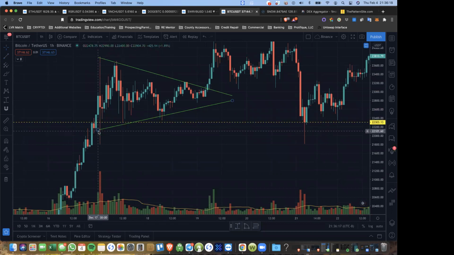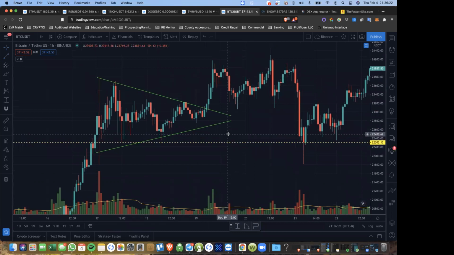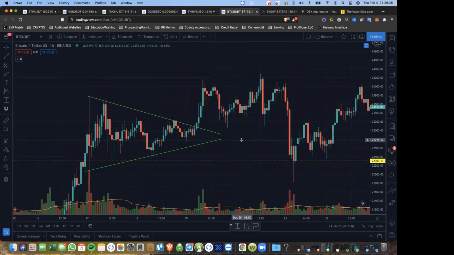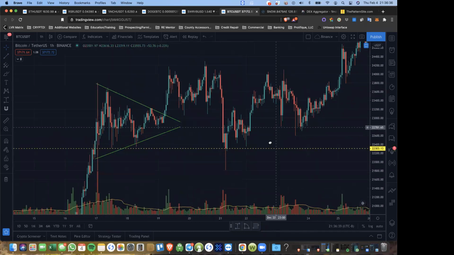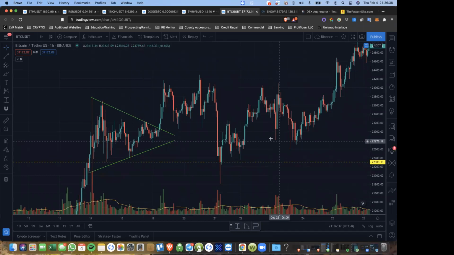These charts are as difficult as you make them. Don't convince yourself that you need to be an MIT grad to read these charts and to draw pretty lines on it. Like, you really don't. You just need to practice. Just practice. Go on your computer, go on your phone, and start looking for these patterns.